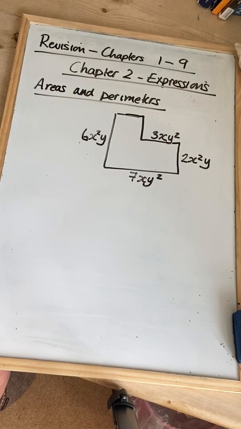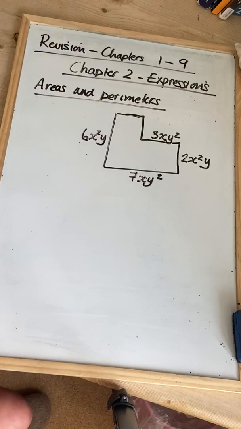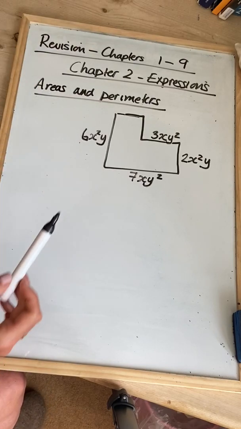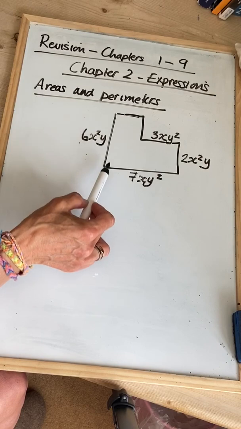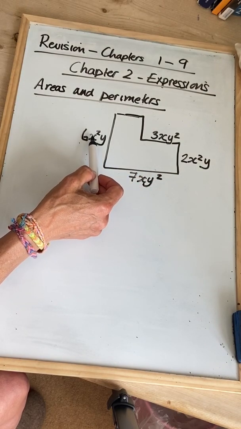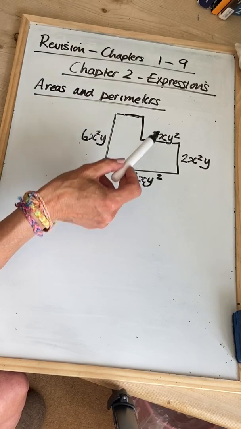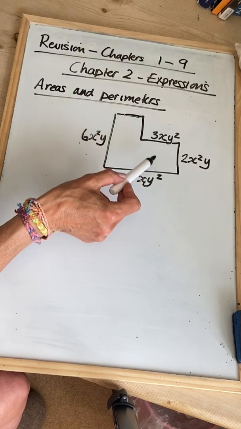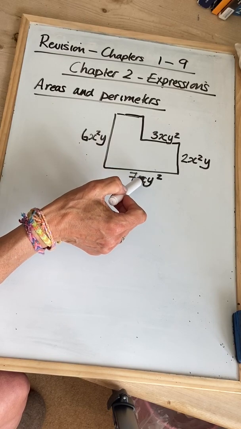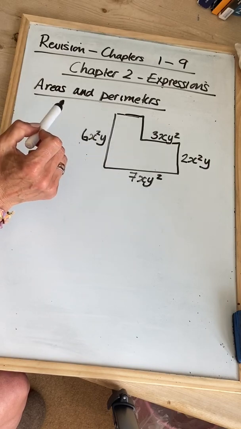Now, what I want you to do is just think very carefully about what this shape is doing, and also make sure that you understand that this side length here and this side length here have got measurements that are in x squared y's. And this side length here and this side length here have got measurements that are in xy squareds, so they are different to each other.